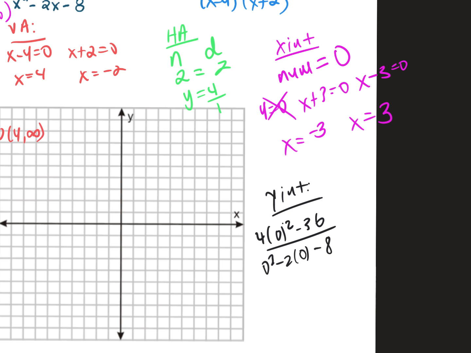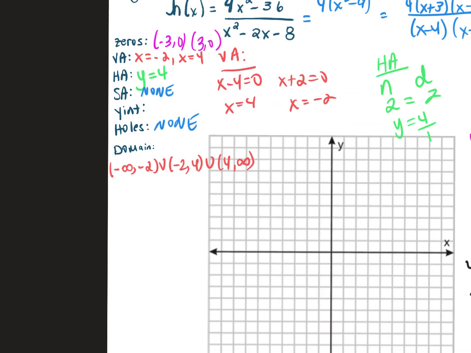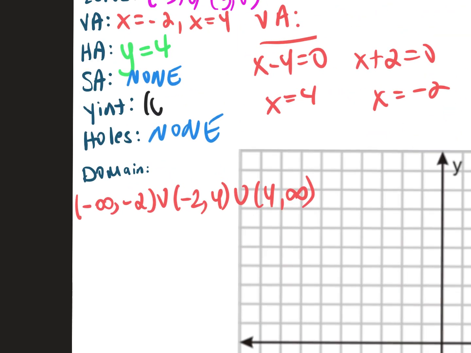In my numerator, everything cancels except for my negative 36, correct? In my denominator, everything cancels except for the negative 8. Guys, what's a negative divided by a negative? Positive, good. And does 8 go into 36 evenly? No, but we can simplify it to 9 over 2. So your y-intercept is at 0, 9 over 2.